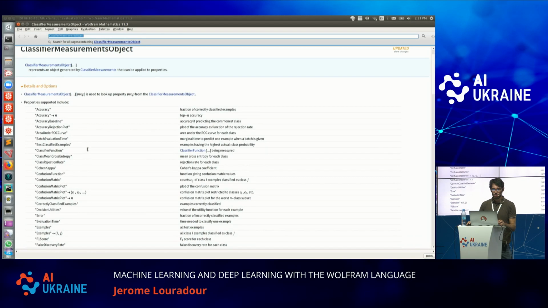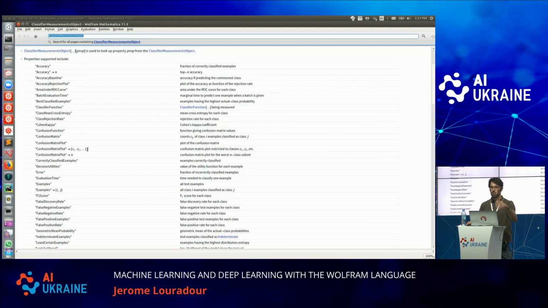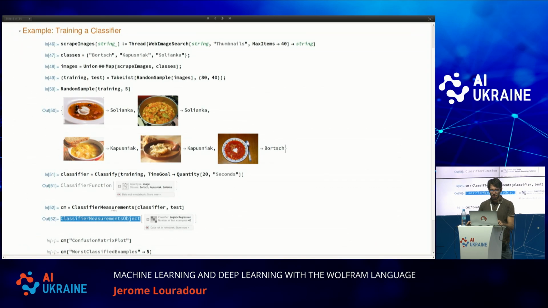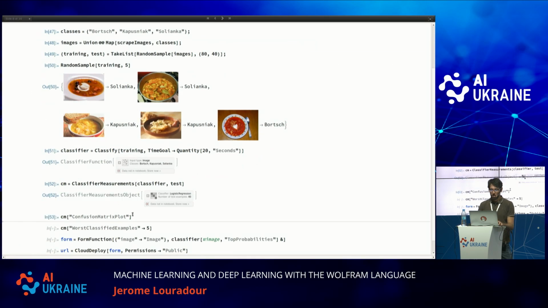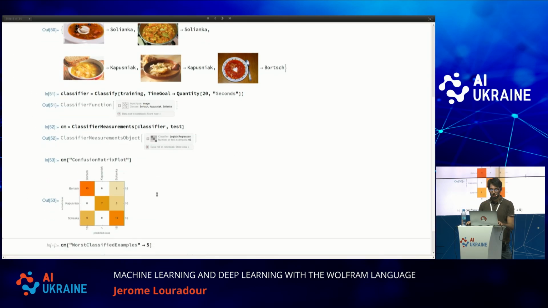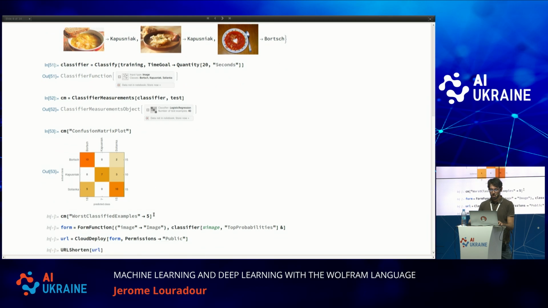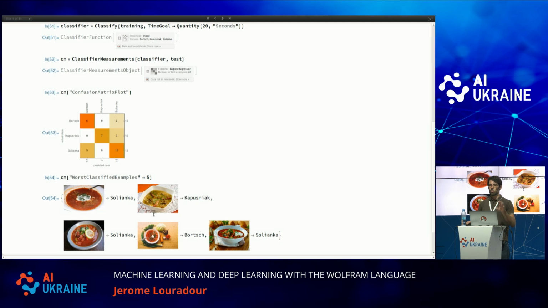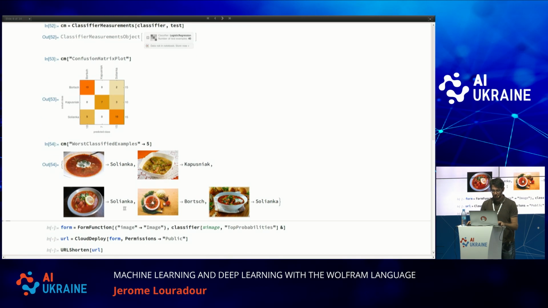You see on the doc page that you can ask for a lot of properties. For example, you can ask for the confusion matrix on your test set. What I also find cool is you can ask for the worst classified examples, that is to say the examples that the model classifies badly with a high confidence score. You can do this kind of stuff.